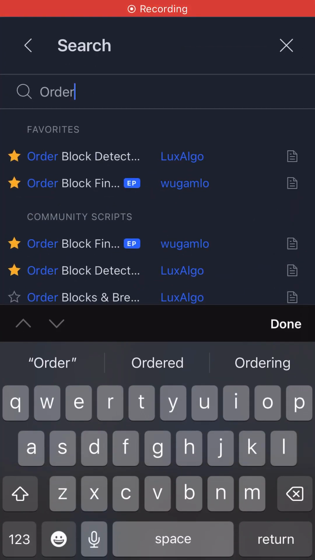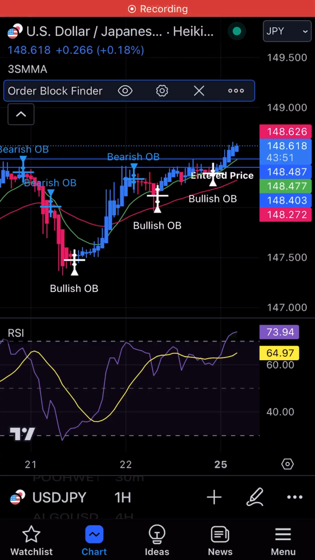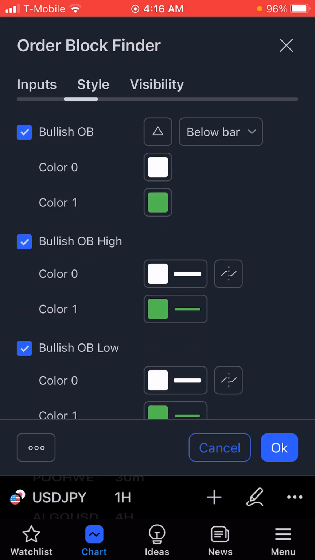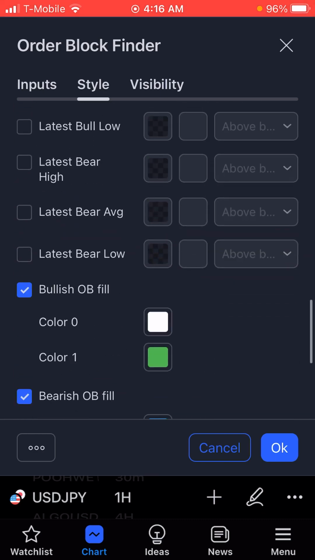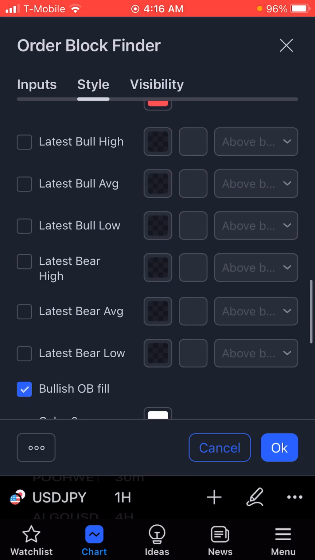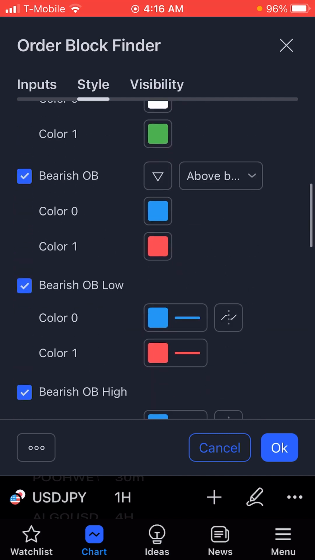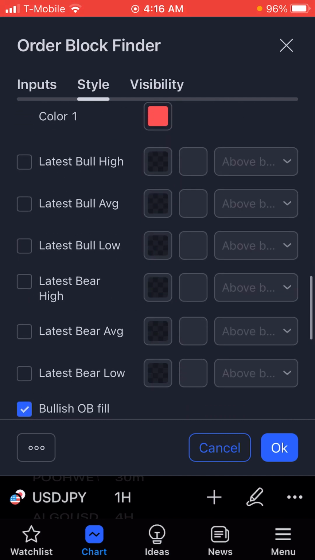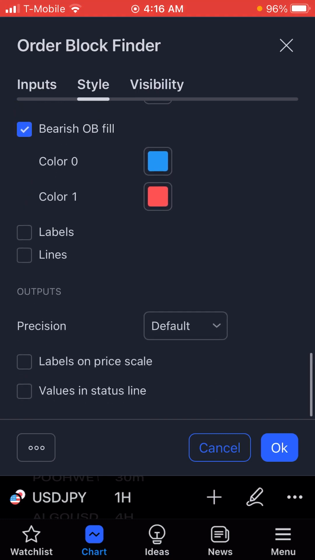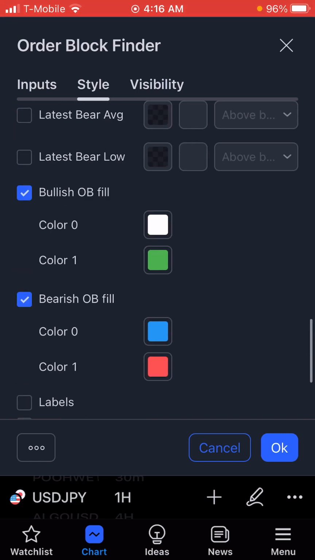Once you have it, I won't show you the default settings because there's a lot of mumbo jumbo here. What I do is remove a lot of them. I keep everything up here checked off, and I remove everything down here, the labels, the lines, all that.